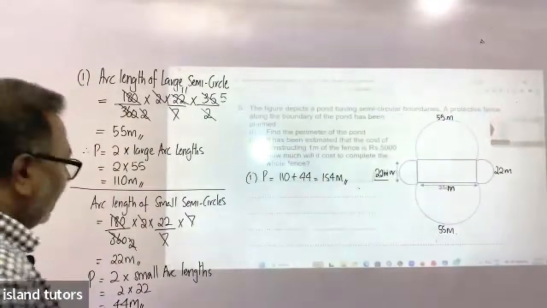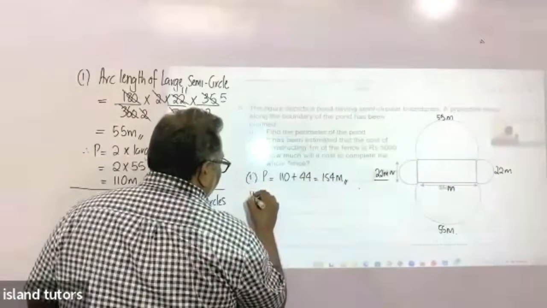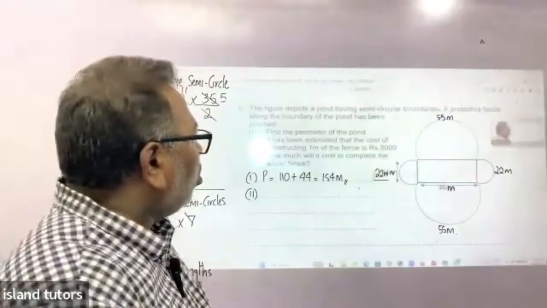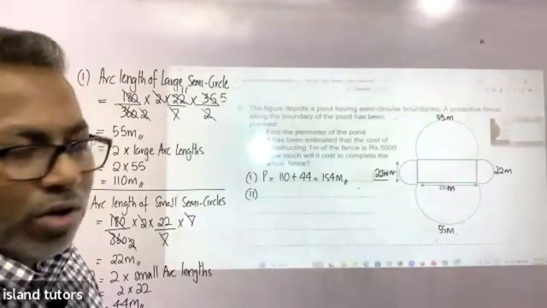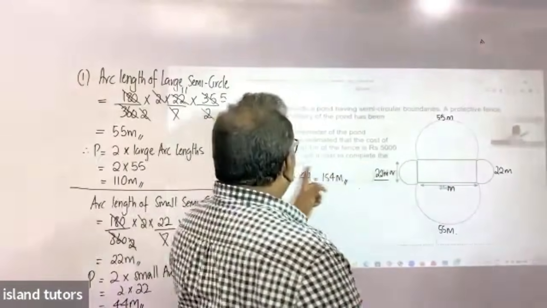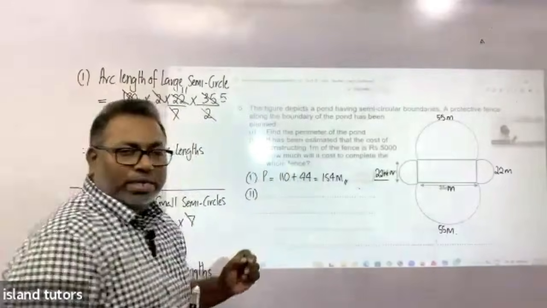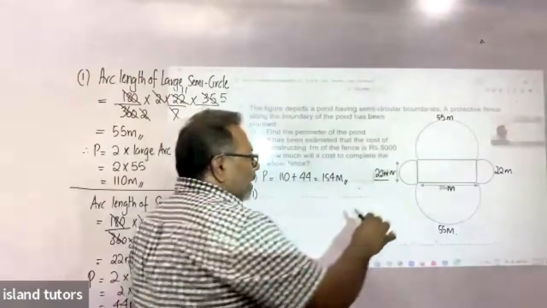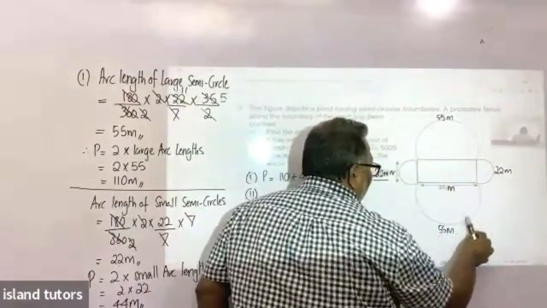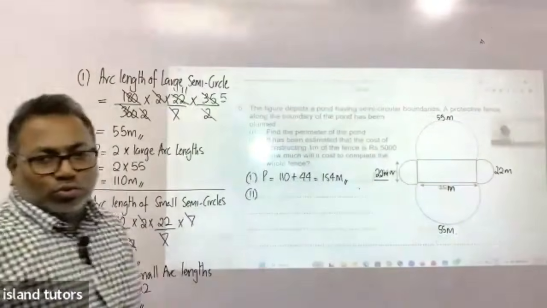Then they are asking you in the second question, it has been estimated that the cost of constructing 1 meter of the fence is 5,000 rupees. How much will it cost to complete the whole fence? That means to build a fence like this completely, how much is it going to cost you?